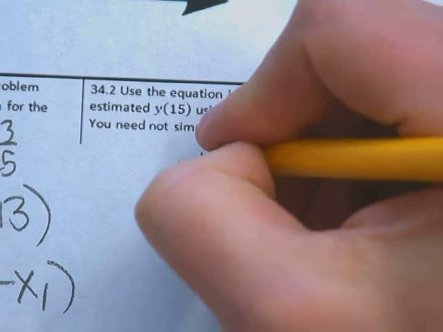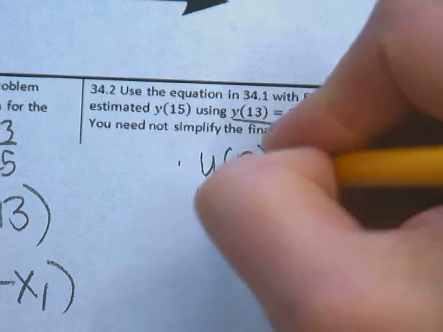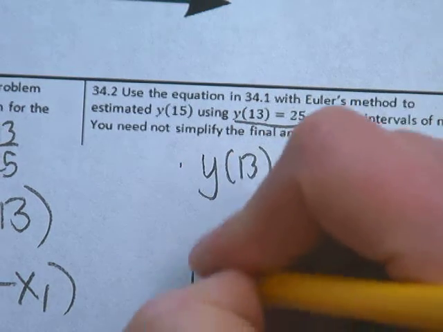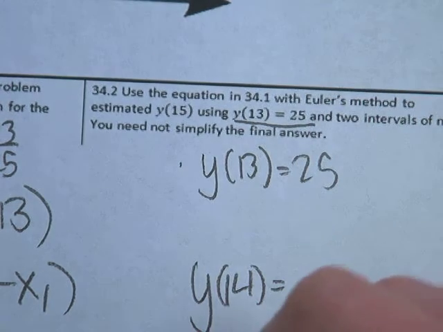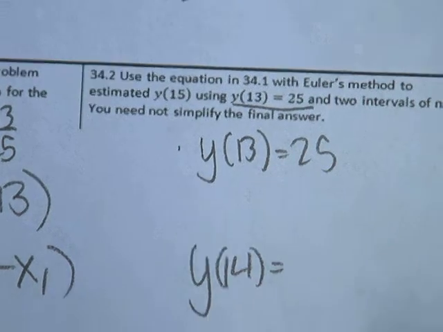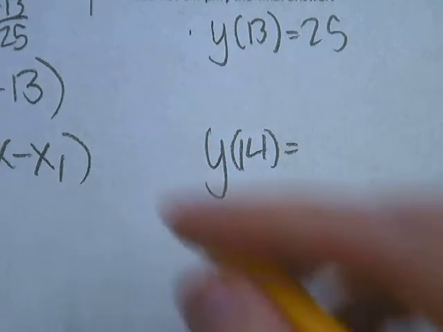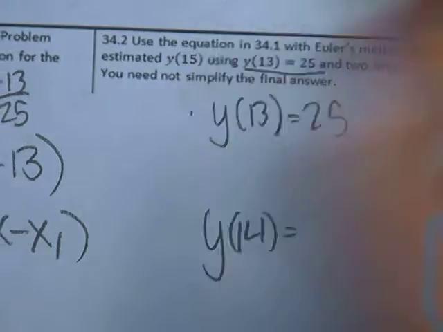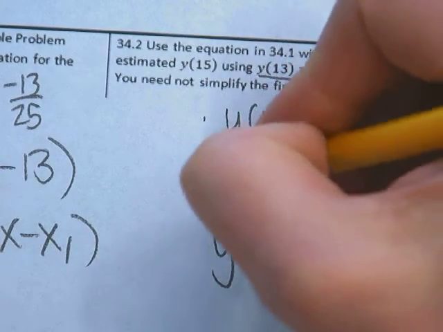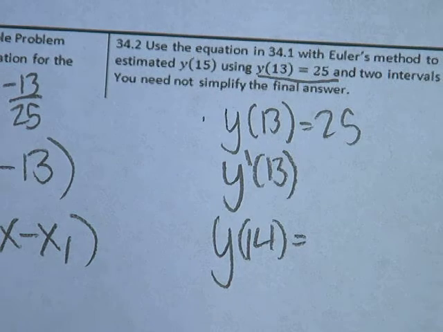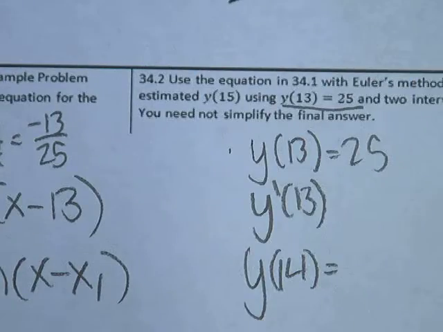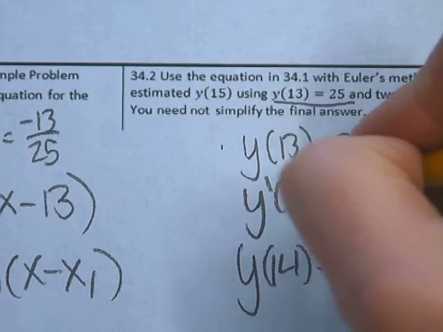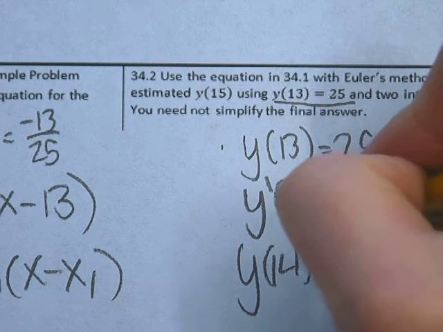So we're going to go from y of 13, which is 25, to y of 14, which we don't know yet, to y of 15, which is where we actually want to get. So let's do the intermediate steps. First thing we do is find the slope at 13. It's the same equation as over here, so the slope is negative 13 over 25.